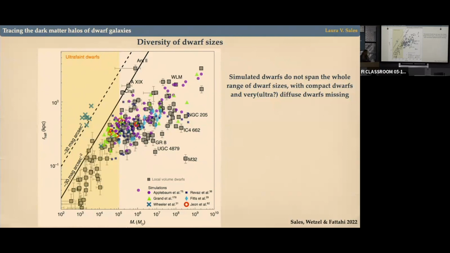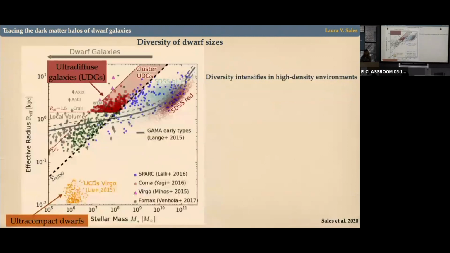Now, if I concentrate for a bit on the high end here, things that are diffuse, because it's where my group has been working lately, we can actually expand these to systems outside the local volume. For example, going to the local clusters. And what is very much connected to this population of ultra diffuse galaxies, what you see over here is a collection of galaxies from a lot of places.